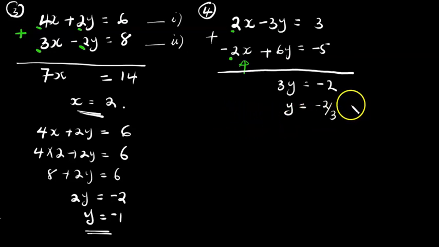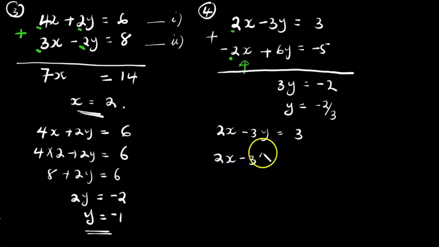Then we can choose to put this y in any of the equations. I'll choose equation 1. So from equation 1, 2x minus 3y equals 3. We are looking for x, so 2x minus 3 times negative 2 over 3 equals 3.